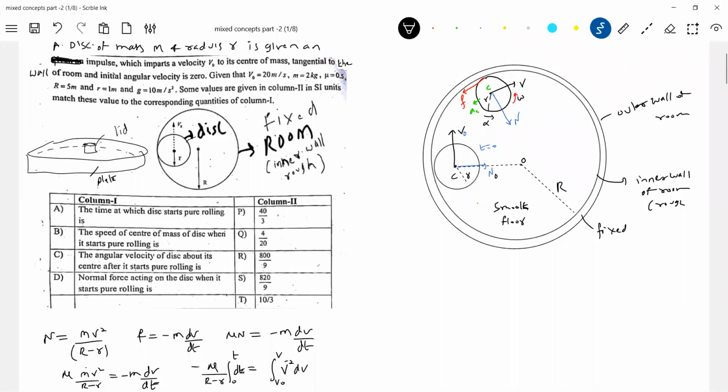Negative sign, so this becomes mu t. I'll proceed with the calculations.